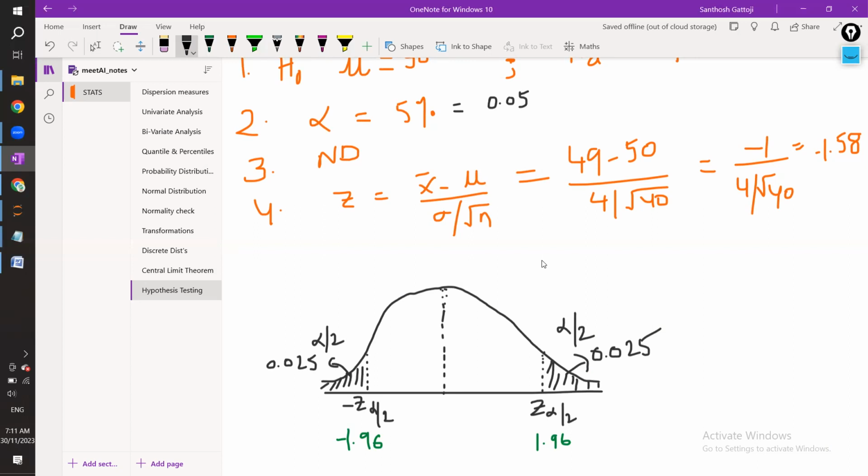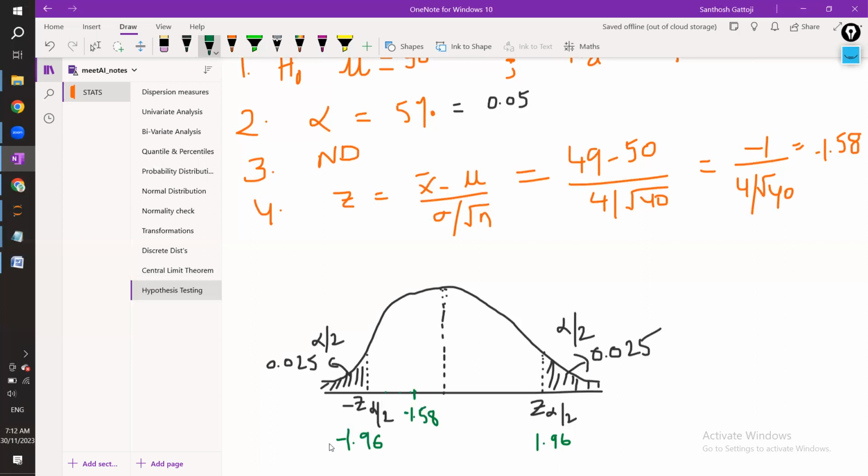It is minus 1.58. This is minus 1.96 and this is plus 1.96. So minus 1.98, 97, 96, 95, and somewhere here it will be minus 1.58.